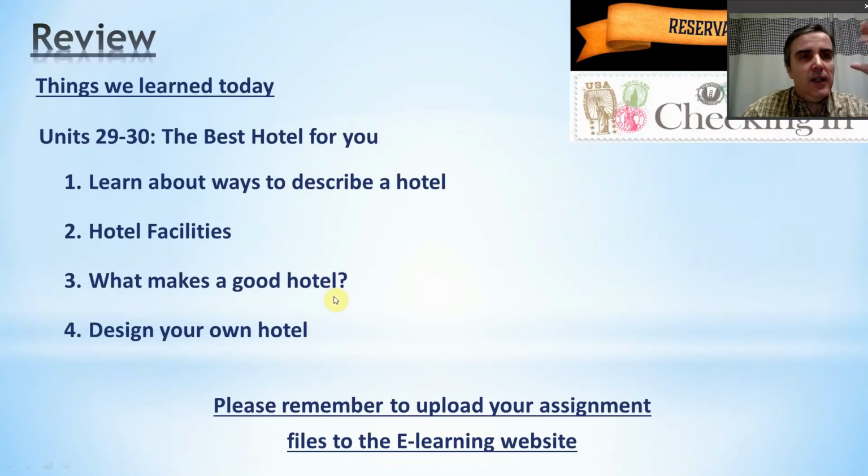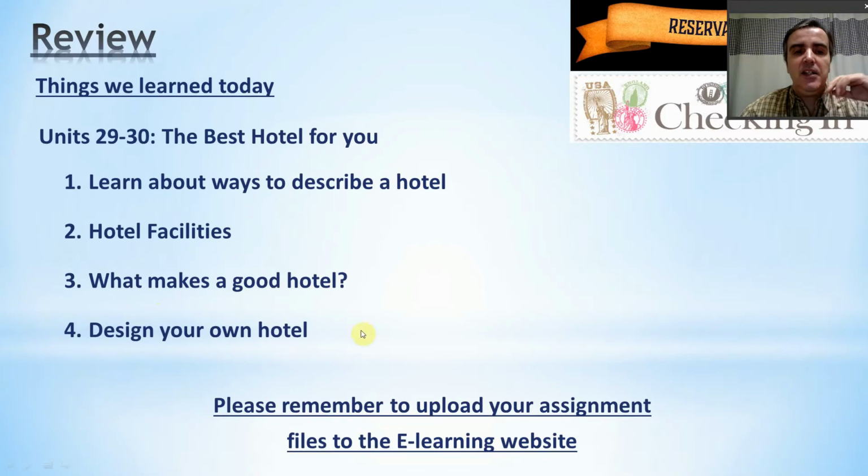Okay, so let's review the things we learned today. First of all, we talked about ways to describe a hotel. We did a lot of reading today, which described hotel facilities and the location and these things. We also read about a really high class hotel, and maybe that can tell us what makes a good hotel.